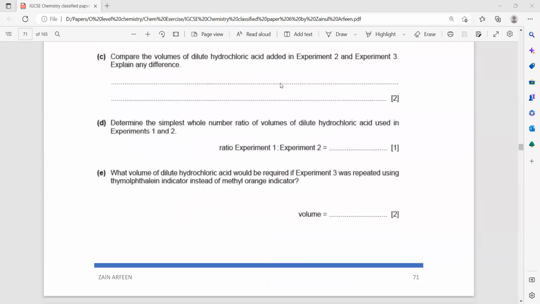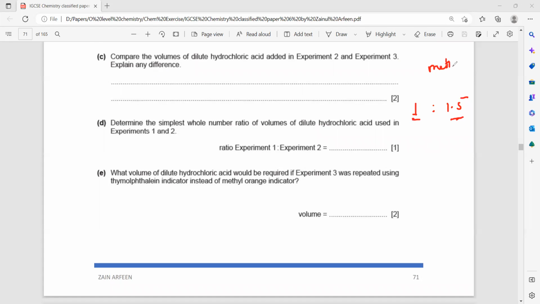So using a different indicator, the ratio of volume will be 1 is to 1.5. How did we identify that the ratio is 1 is to 1.5?